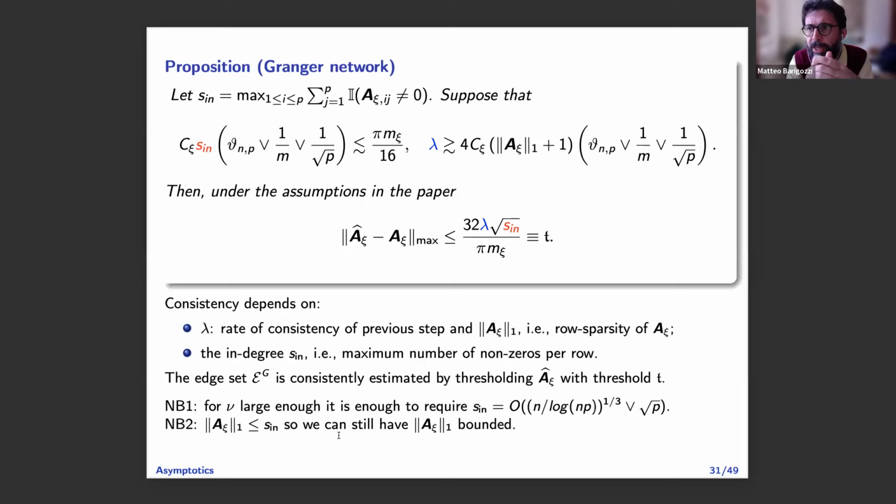And so what do we do here? The other thing is, okay, you can threshold ex post. This can be shown to work. Obviously, however, you have to pick this threshold, which would be this T. So if you threshold using this T, then you will get the consistency of the sparsity pattern, and so also sign consistency, okay?